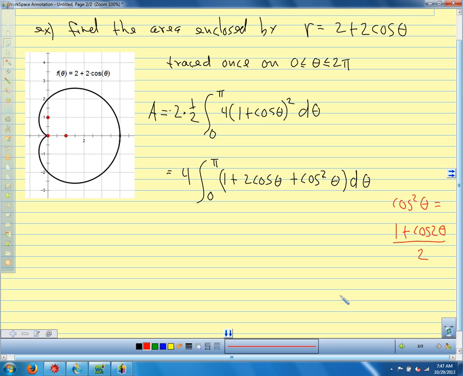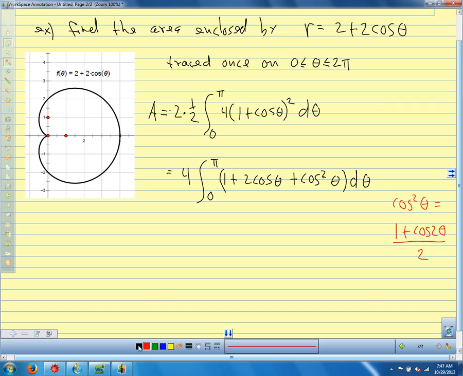That identity for cosine squared theta, and there's a similar one for sine squared theta, comes up a whole lot in polar coordinates. So it's a good one to keep close in your memory.